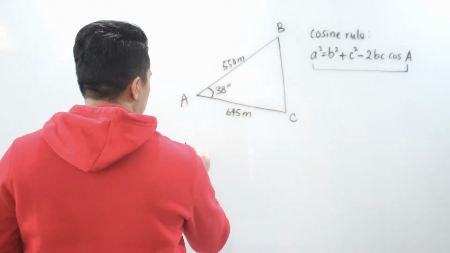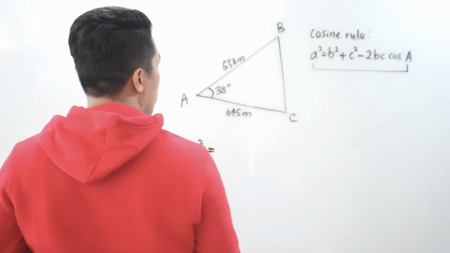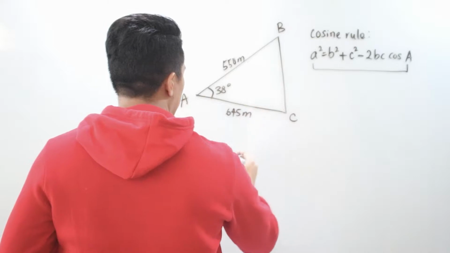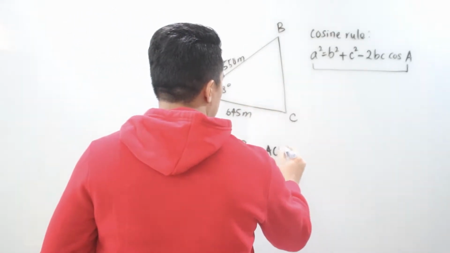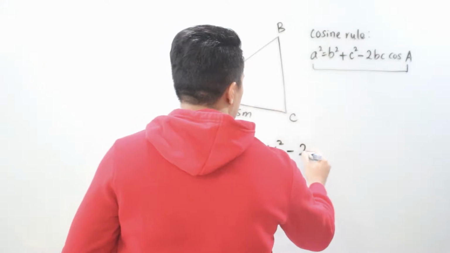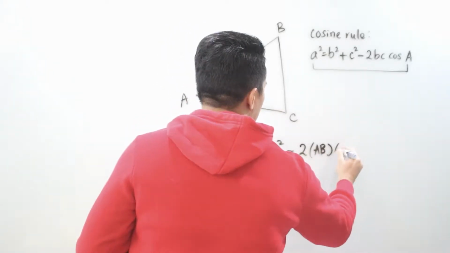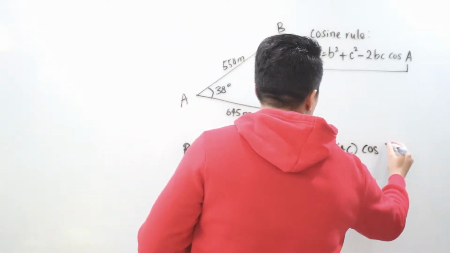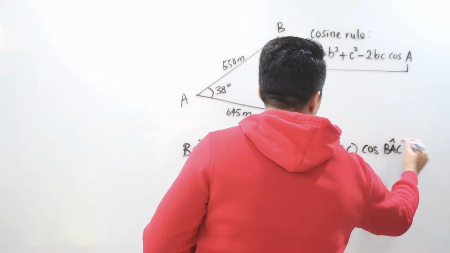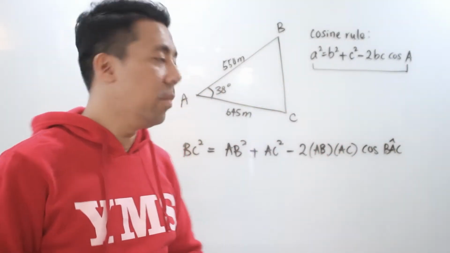In this case, BC square equals AB square plus AC square minus 2 AB multiply with AC cosine angle BAC. That's how we can rewrite the formula.